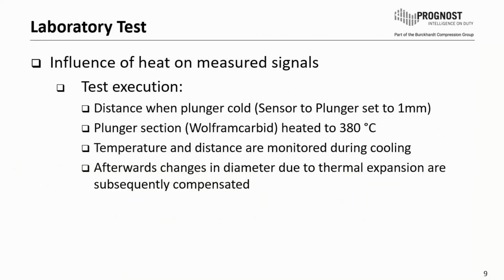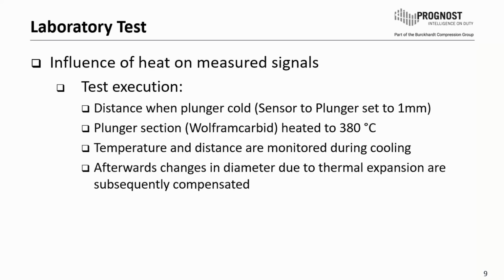So a calibration test was performed, and the execution was as follows. The distance between plunger and sensor was set to 1 millimeter when the plunger was cold. Then the plunger section, in this case tungsten carbide, was heated up to 380 degrees Celsius.